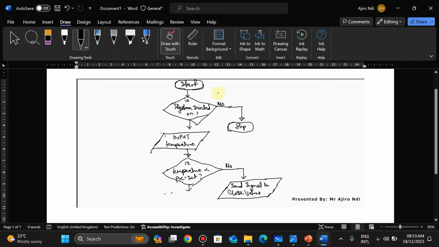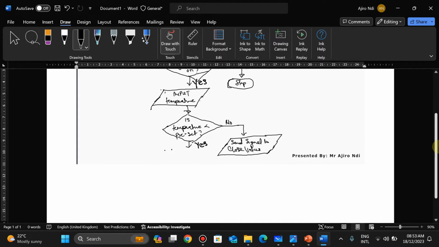Sorry, this is a no. They have to be a yes. So this will be yes, moving to this. No, stop. Yes, input temperature. Is temperature less than the preset value? No here, and yes for here. Then I'm going to draw this.